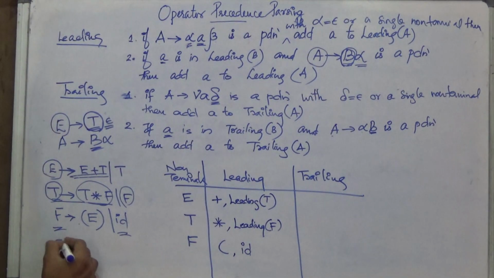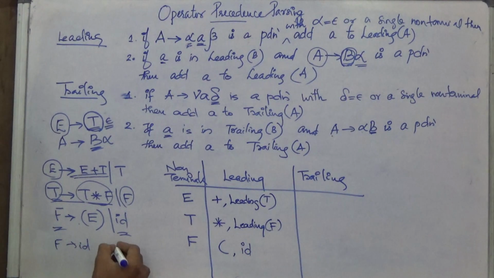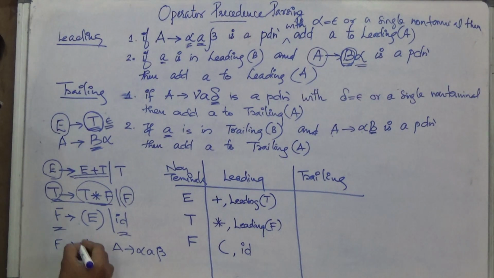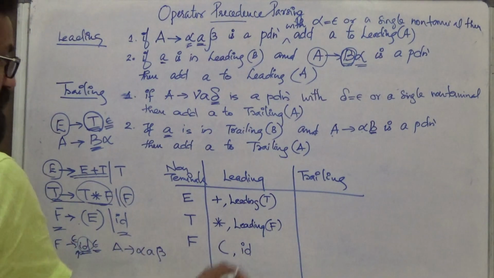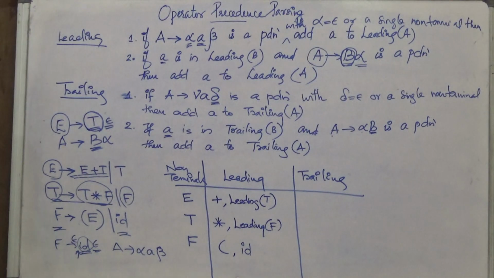So F giving ID actually matches with the rule A giving alpha A beta with alpha equal to epsilon, A equal to ID and beta equal to epsilon. So you can add ID to leading of F.